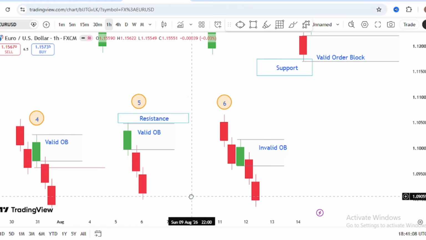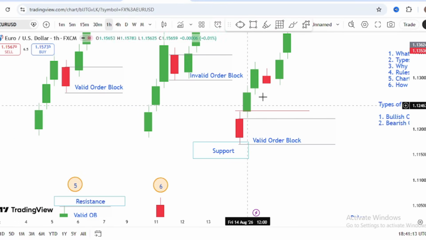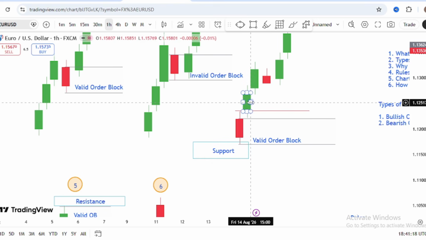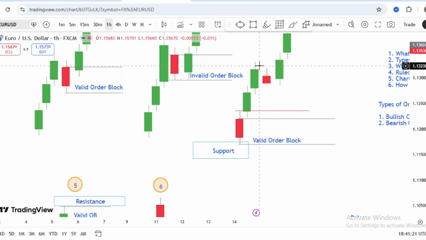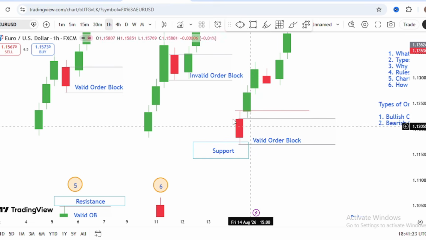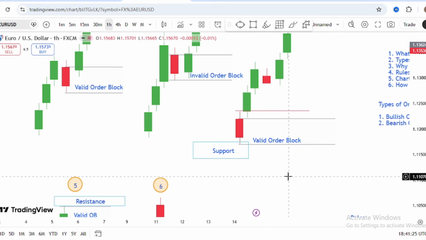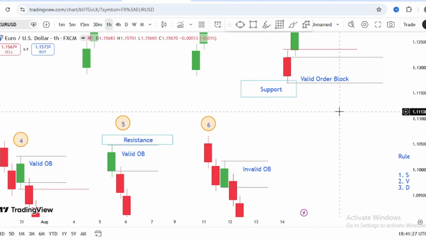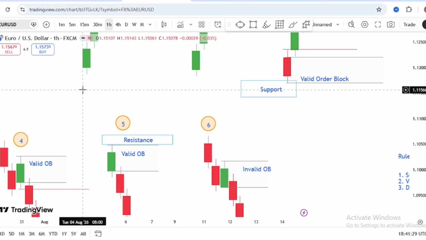Even at this point, after price violated the bullish order block, price traded away aggressively from the order block. That's what I mean by displacement. We can now go to charts, bearing in mind all the rules we have stated.